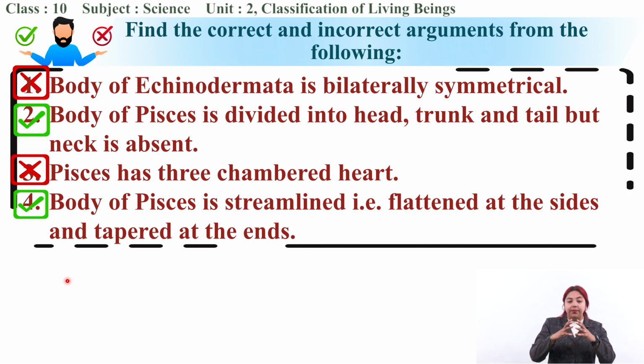Now the body of the Pisces is either dorsoventrally flattened or laterally compressed, due to which they have the streamlined body, and they also have these tapered ends. Due to this streamlined body, it helps them to swim across the water easily as well. So this is also one of the important features of the class Pisces. So this fourth argument is correct.